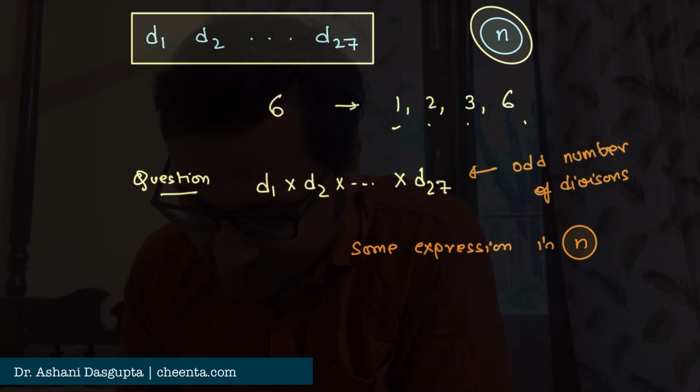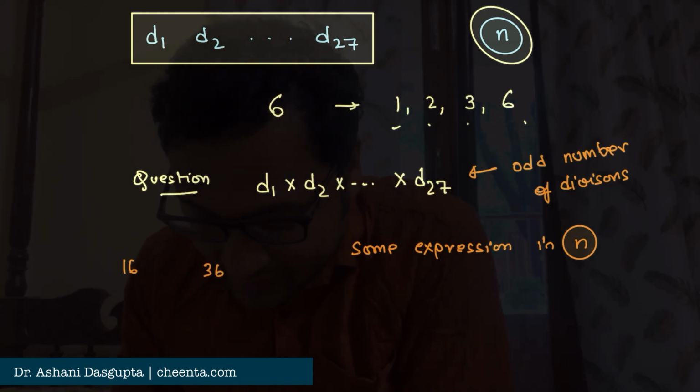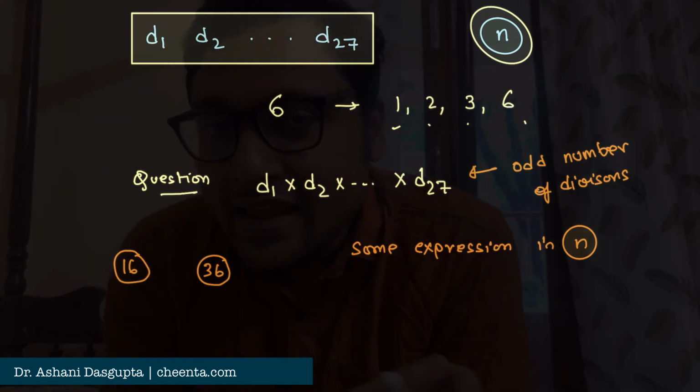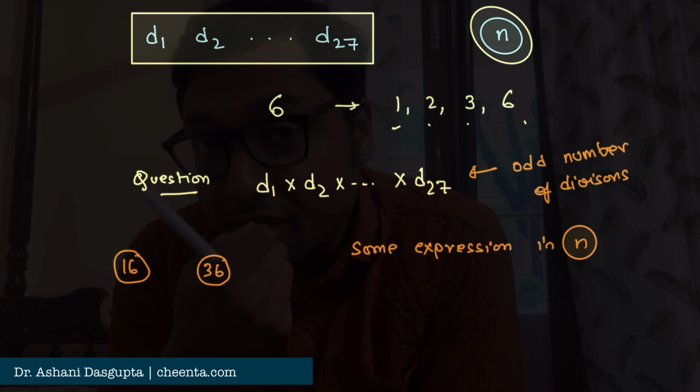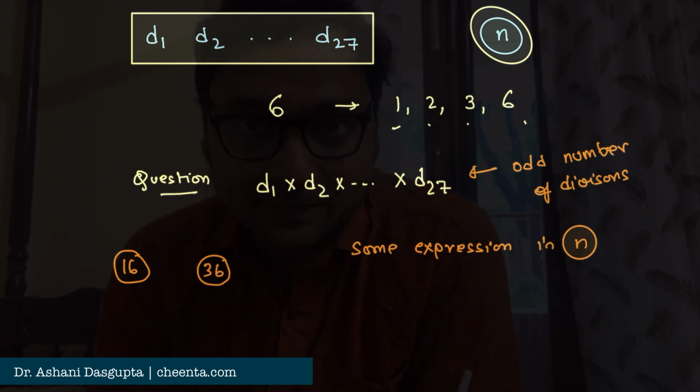Perfect square means a number like 16 or 36. If and only if a number is a perfect square, it has an odd number of divisors.